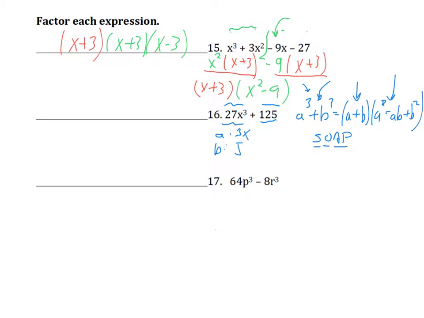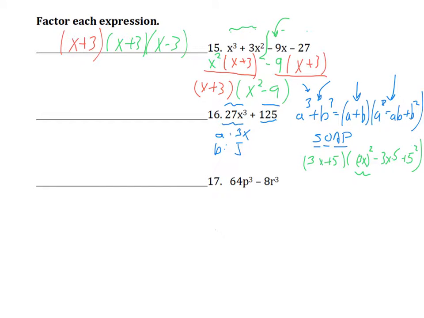If I substitute those into the formula, I'm going to have 3x plus 5 times, you've got to be careful here, it's 3x and that whole quantity squared minus 3x times 5 plus 5 squared. Now we're not entirely done.